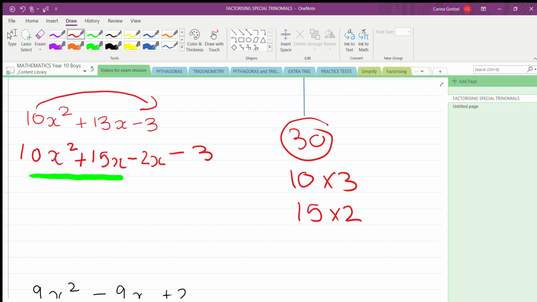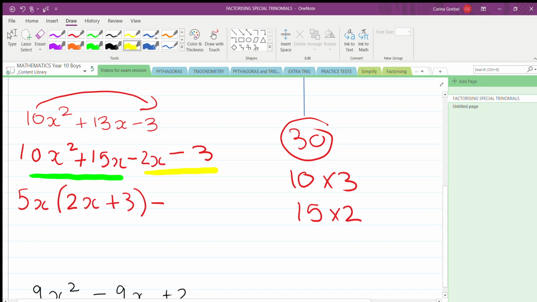For the first two terms, I have a 5 common as well as an x. So that means you have 2x plus 3. Minus, we're going to factorize the second part of the expression. There is nothing common, so that means there's a 1 common.